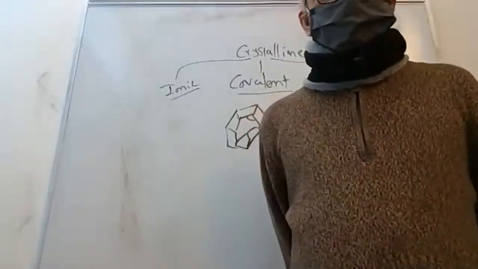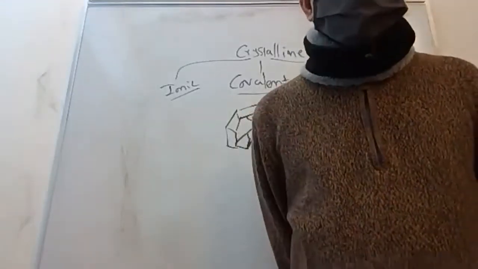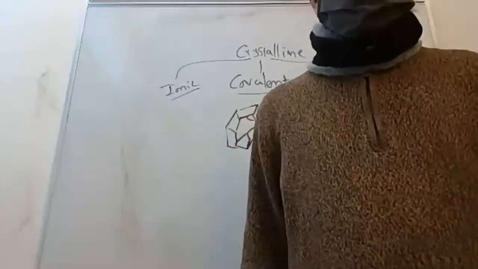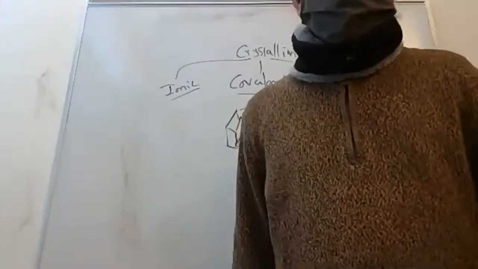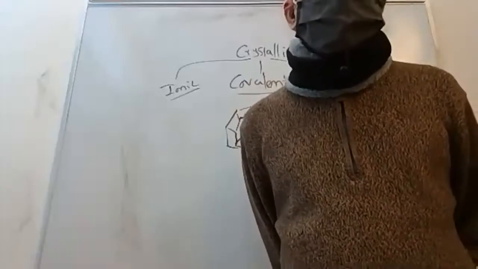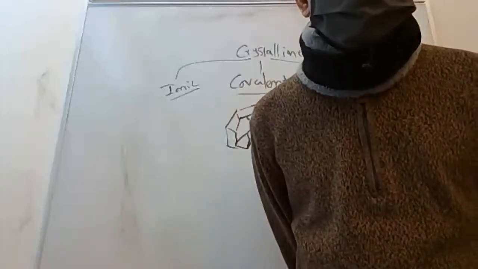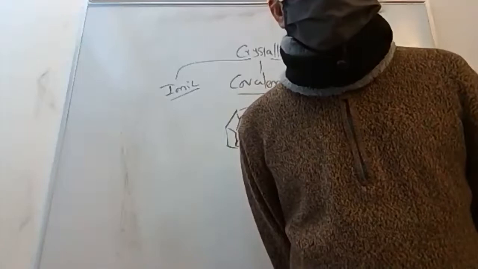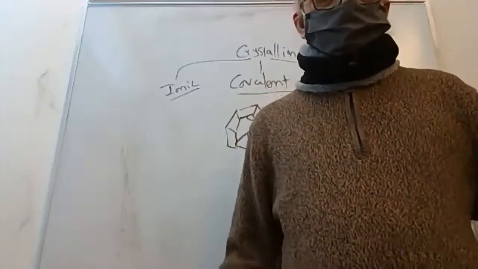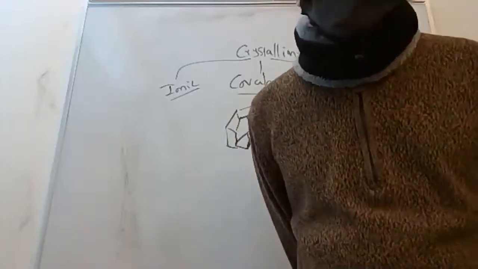For example, if you take sodium chloride, rock salt, and start grinding it, you are reducing the size of the crystals, but you are not breaking the crystal structure. So when you powder sodium chloride, we get a polycrystalline salt.